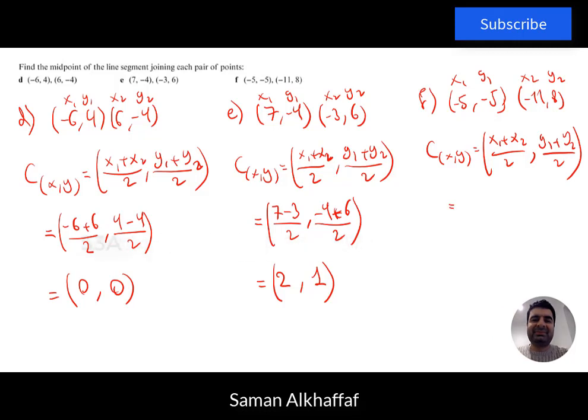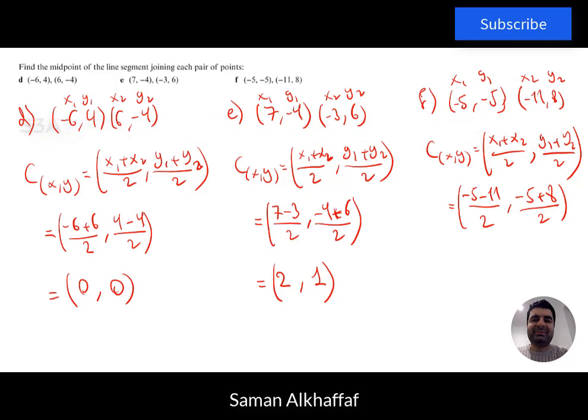So to find the midpoint, we would have -5 minus 11 over 2, and we also have -5 plus 8 over 2.